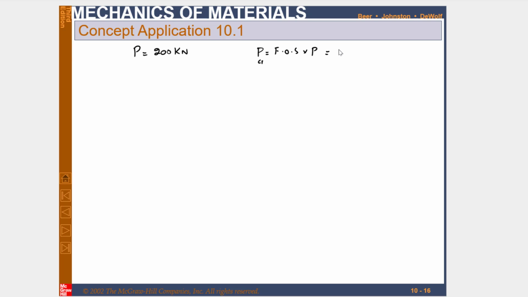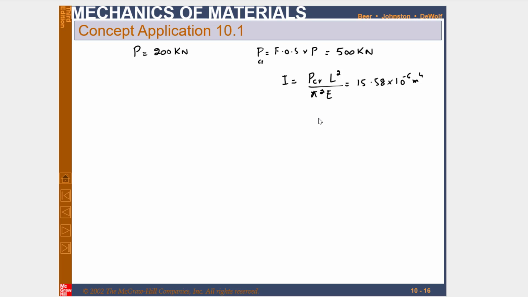So you can calculate P critical, and that P critical is equal to 500 kilonewton. When you put P critical in I is equal to P critical L square over pi square E, and put all the values, you will get I equal to 15.58 into 10 raised to the power minus 6 meter 4.